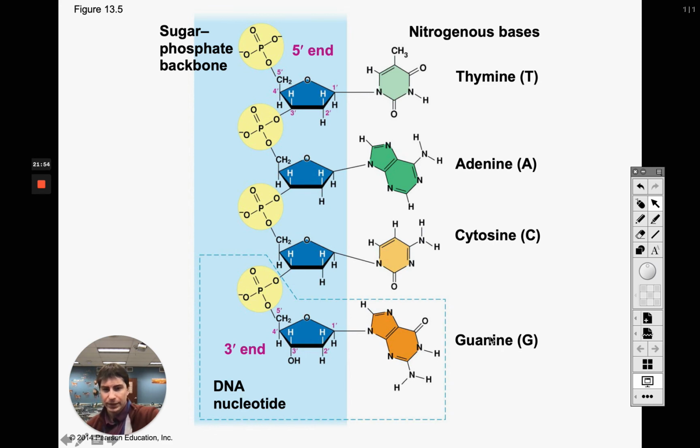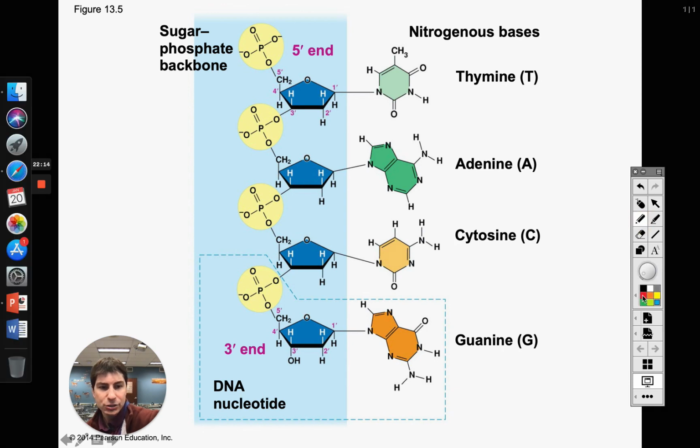Now, before I get over base pairing rules, I want to show you guys one thing. If you look at just the nitrogen bases, so we're just looking at the right side here, notice the amount of rings that are in these different nitrogen bases. Thymine only has 1 ring. Okay. Adenine has 2. So 1 here and 1 here.